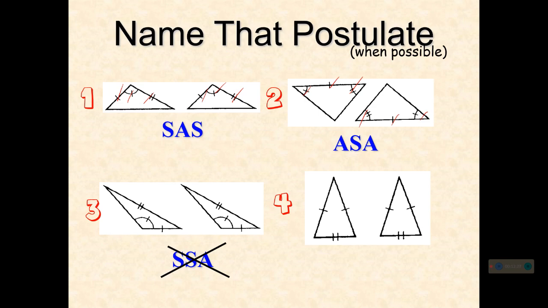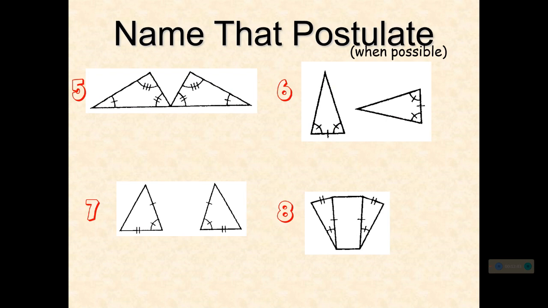Okay, next, number 4. Obviously, yes, since they are both isosceles triangles, they are congruent by SSS congruence postulate. Next, number 5. We have tick marks on the 3 angles, so they are AAA. But again, there is no AAA congruence postulate, so they are not congruent.